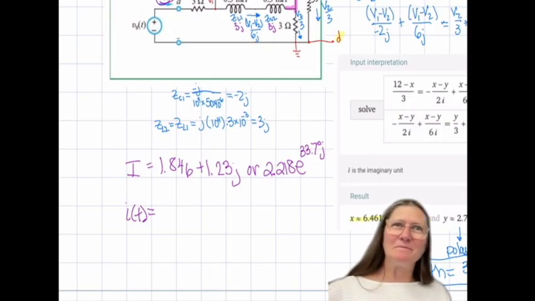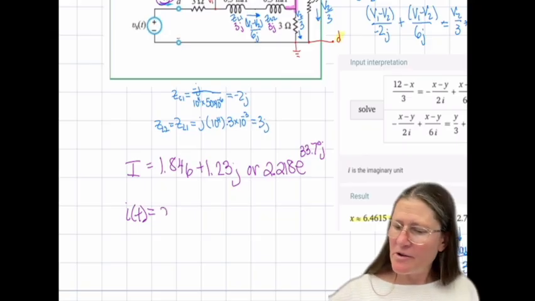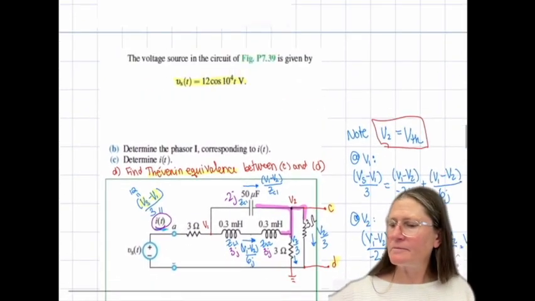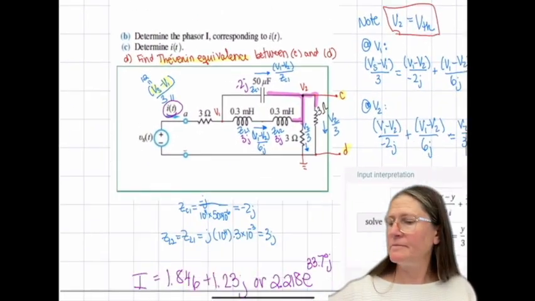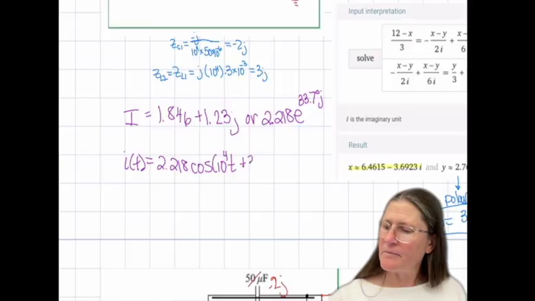Convert it to cosine. Okay, and how do we convert it? So that'd be 2.218 cosine, I believe our frequency was 10 to the 4th, yep, t, plus 33.7 degrees. Correct.